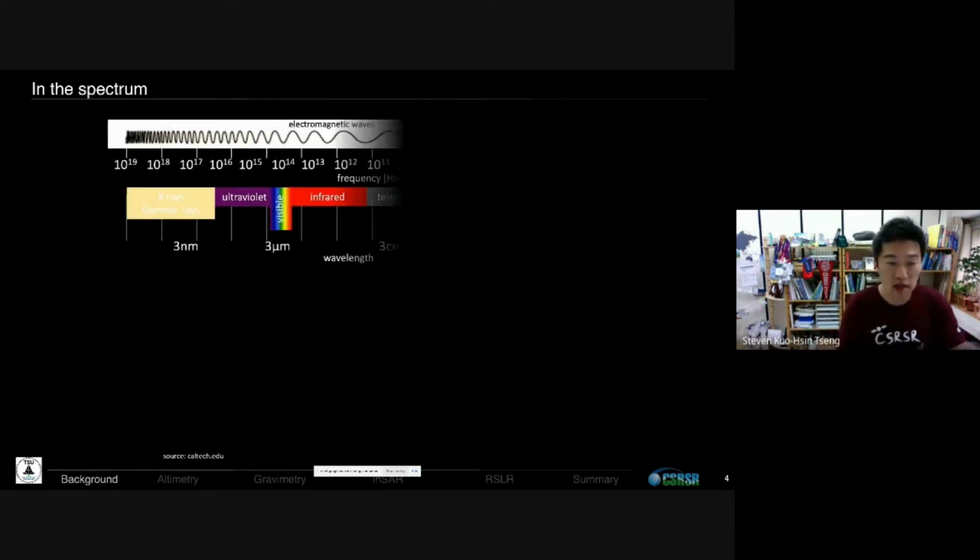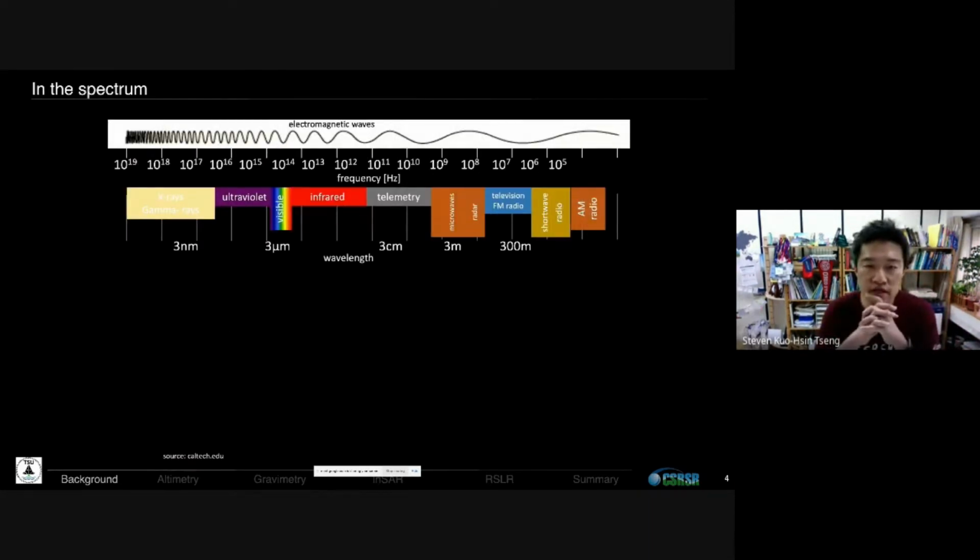Okay, so you're also familiar with this wavelength spectrum. It's very important in satellite measurement because once you identify which parameters you want to collect, when you want to observe some phenomena on the surface or in the atmosphere or in the ionosphere, then you need to know what the interactions are between this electromagnetic wave and the particles in the air.